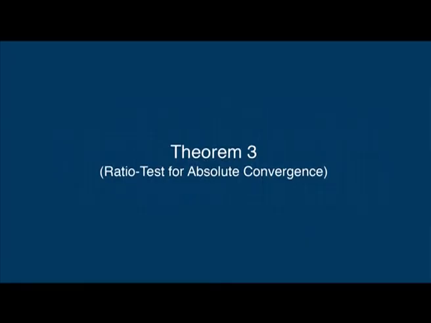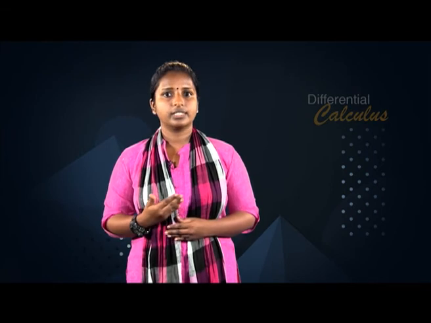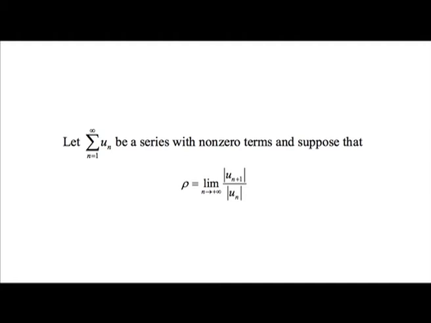Theorem 3, ratio test for absolute convergence. Let summation u_n, n from 1 to infinity, be a series with non-zero terms, and suppose that rho equals the limit of |u_(n+1)| / |u_n| as n approaches positive infinity.